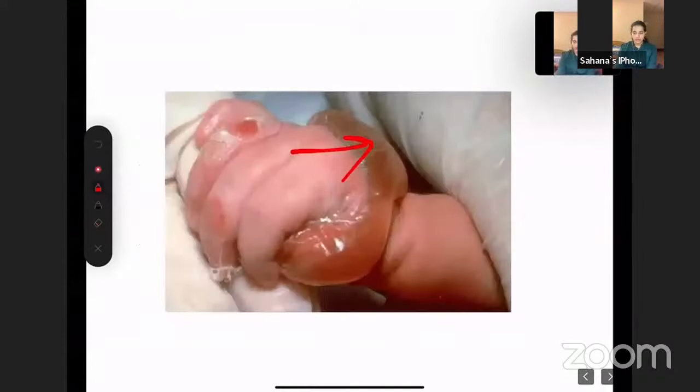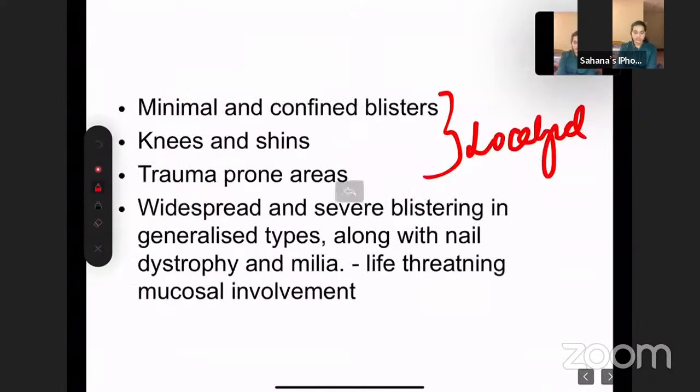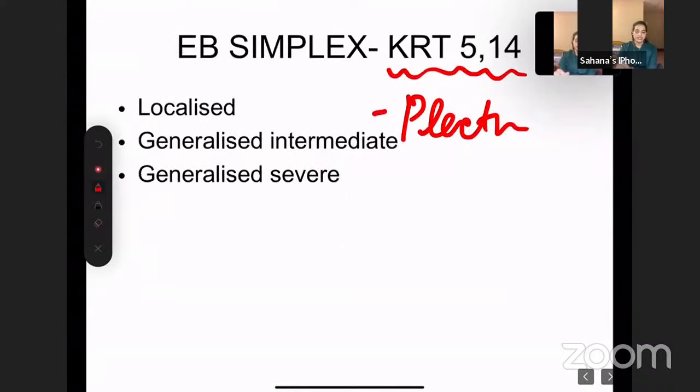Okay, so I don't have a picture of a more generalized form of EBS. So even in generalized EB, I told you that there are two types: generalized intermediate and generalized severe. You cannot differentiate between these two based on only clinical grounds.